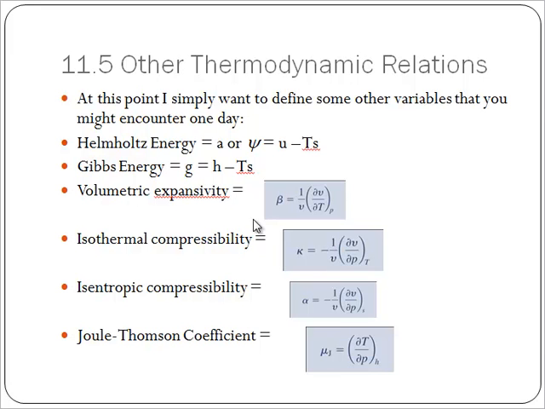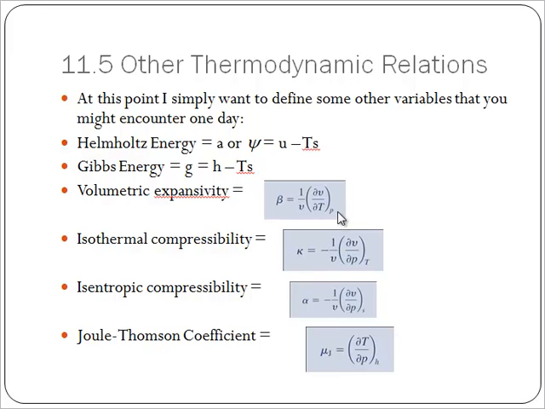If I wanted to predict that, I might want to quantify it as a volumetric expansivity. Beta is the symbol most often used for this, and it's 1 over the specific volume, or sometimes this is the density, and how volume changes with temperature while holding pressure constant.